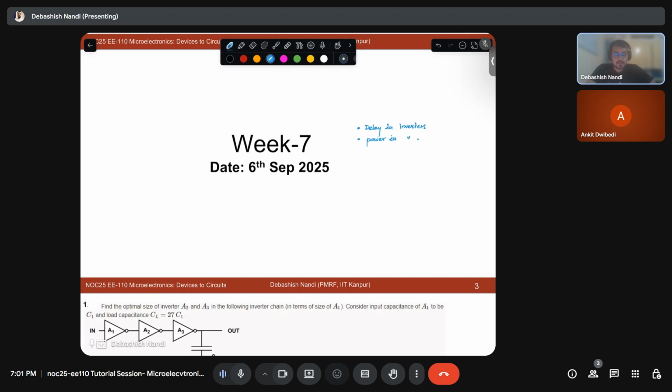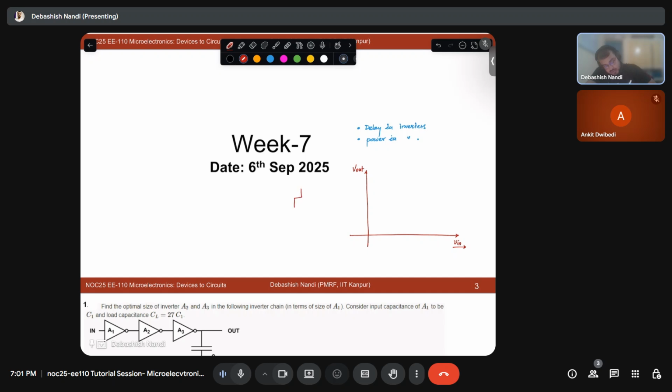Sir, before you start, can you just explain the switching threshold concept once? Switching threshold. So from the VTC curve, you have this is your V in, this is your V out.